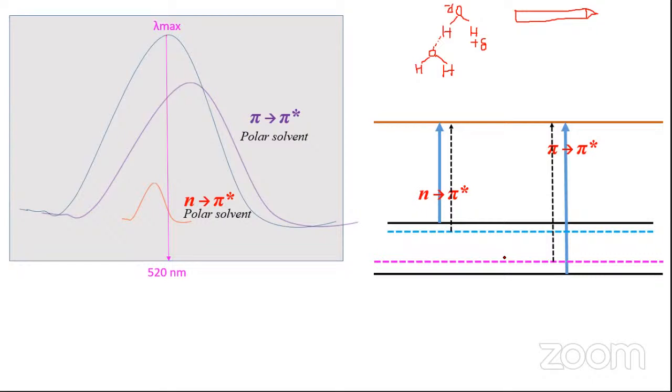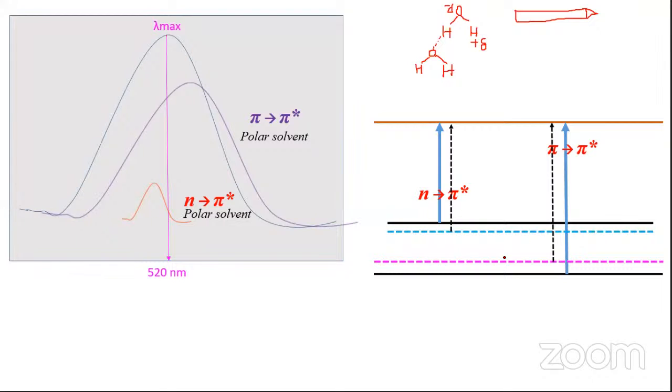Yes, sir. So these kinds of studies, in which you solubilize your molecule into other solvents and try to distinguish what kind of transitions are happening within your molecule, are called solvent perturbation studies. Okay.